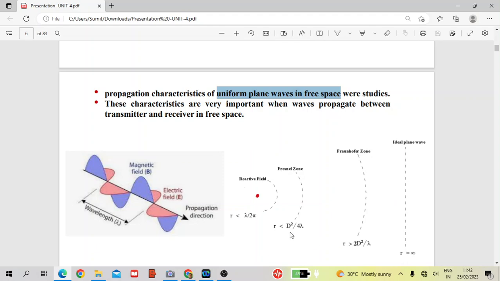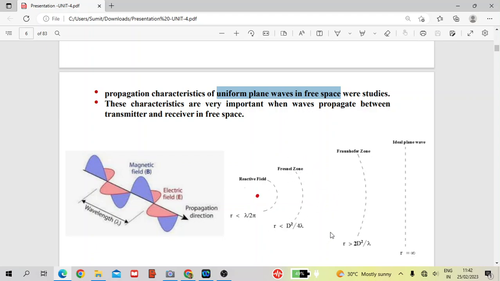So up to d square by 4 lambda is the reactive near field region. In this region, you need 2d square by lambda. So in this region below this, the energy is stored, not radiated. It is stored in EM waves.